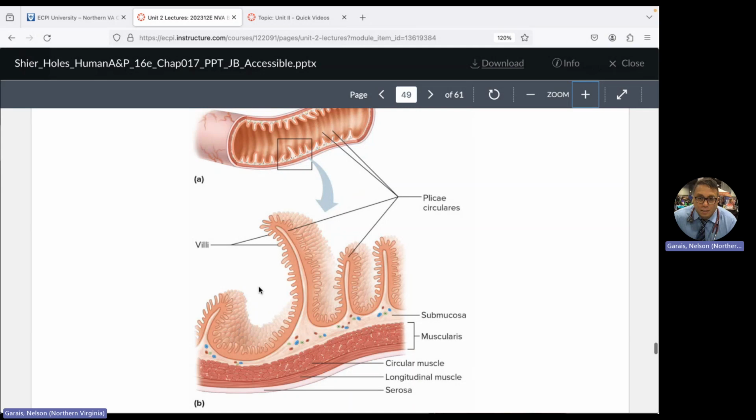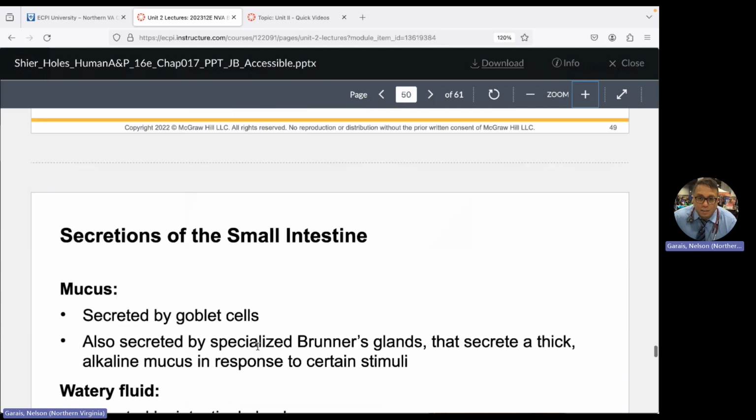The folds that have folds are called plicae circulares, which are indicative of, if you open somebody up and you see plicae circulares, that means you are at the level of the small intestine. The small intestine has three parts: duodenum, jejunum, and ileum. The ileum is the last part, duodenum is the first part.